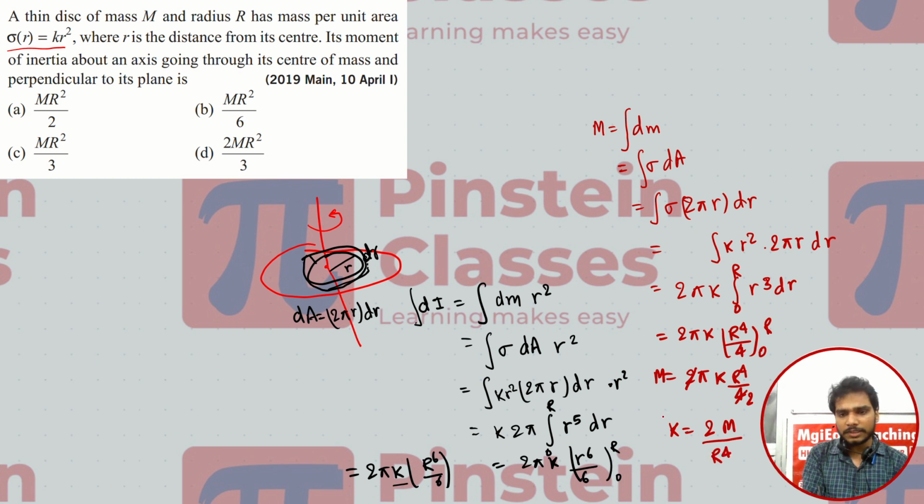We will plug this value of k in our earlier expression. So moment of inertia about the center of mass will be 2 pi times 2m upon r to the power 4, times r to the power 6 upon 6. 2 will be cancelled out with this 6. r to the power 4 and r to the power 6 give r square.